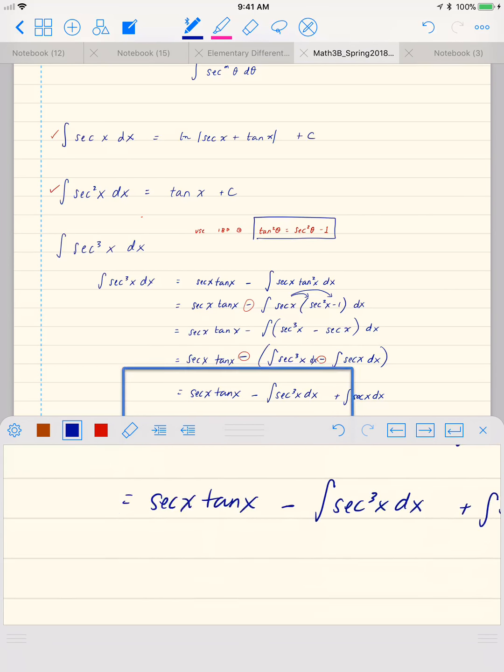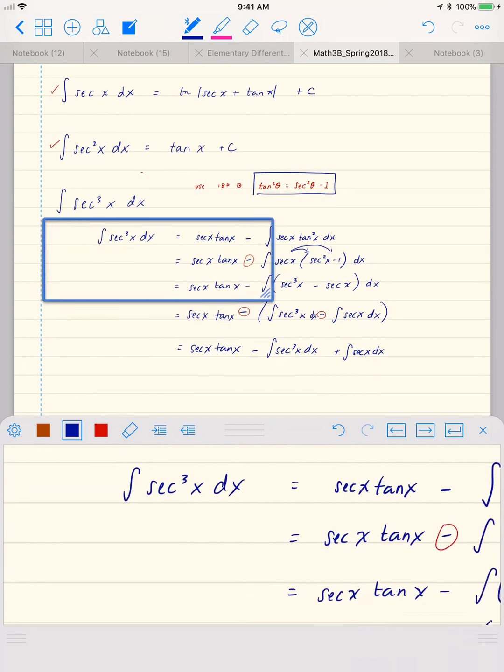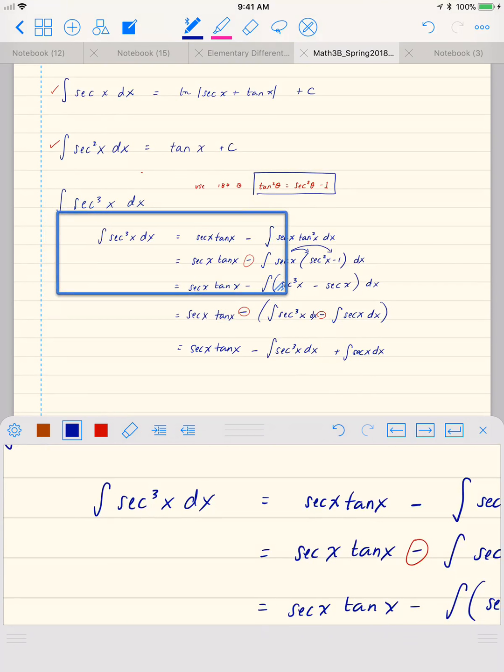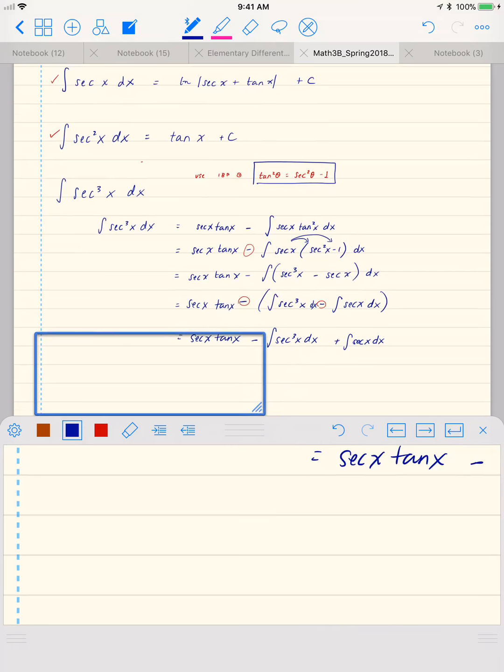So what we have at this stage is what we wanted, this integral of secant cubed x. Let's rewrite this: we're going to let I equal the integral of secant cubed x dx.